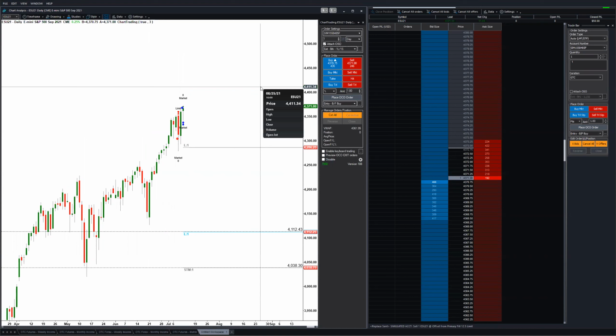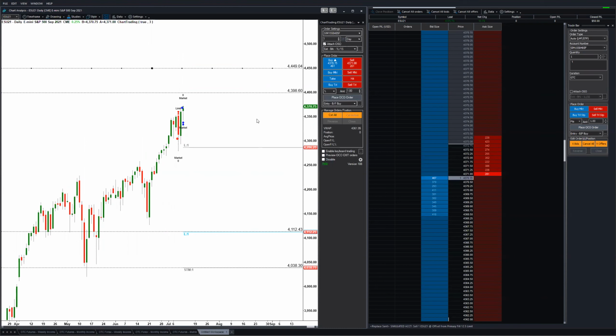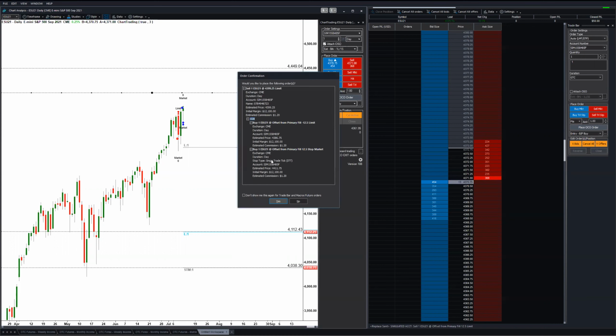So if you say you want to short for whatever reason, you want to short at 4,400, at that round number, and put your stop loss at 4,500. Now you don't press Control, you go above price, so the system recognizes you want to go short. You press Alt and then again the left mouse button.